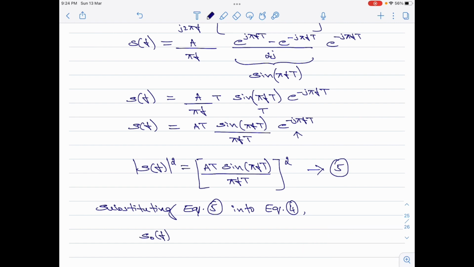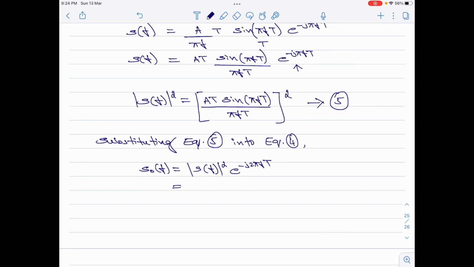S naught of f is equal to magnitude of s of f square into e to the power of minus j 2 pi f capital T, which reduces to at into sine of pi f capital T divided by pi f capital T whole square multiplied by e to the power of minus j 2 pi f capital T. This is the answer for the spectrum of the output of the matched filter, which is matched to the signal S of f. Right. That is the end of this numerical.